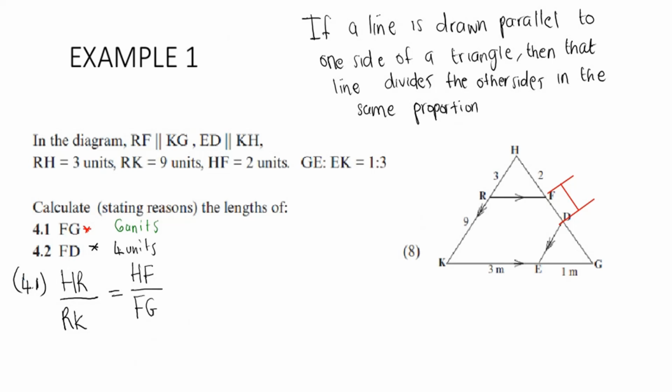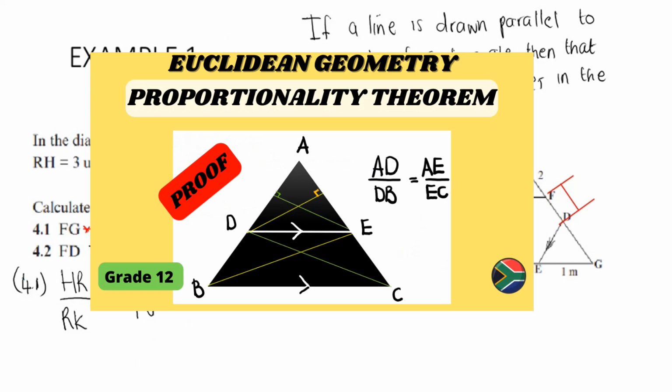So guys, from here, I think the takeaway from this question is that you need to know what the proportionality theorem is, and how you start analyzing your question when you apply it. Like I mentioned, please make sure that you watch the video where I've gone through what the proportionality theorem is and how it is applied.